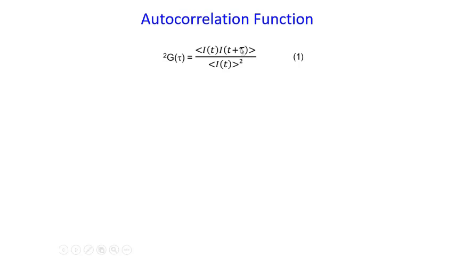So the second order autocorrelation function is given by this, and these pointed brackets indicate averaging values over a period of time. So these values are actually averaged out over a period of time, which is used during the experiments.